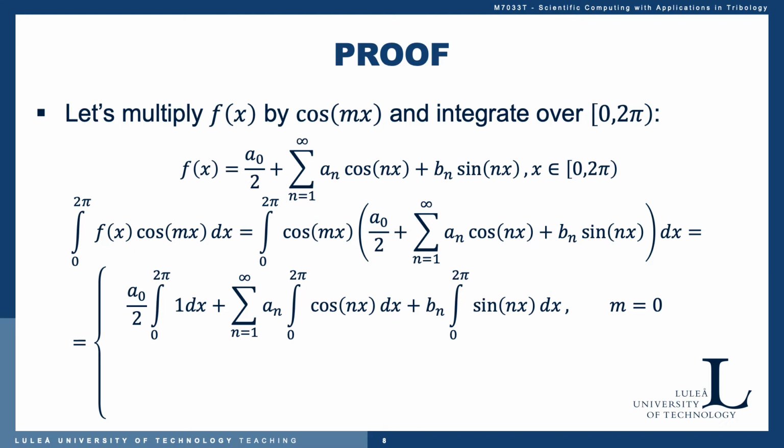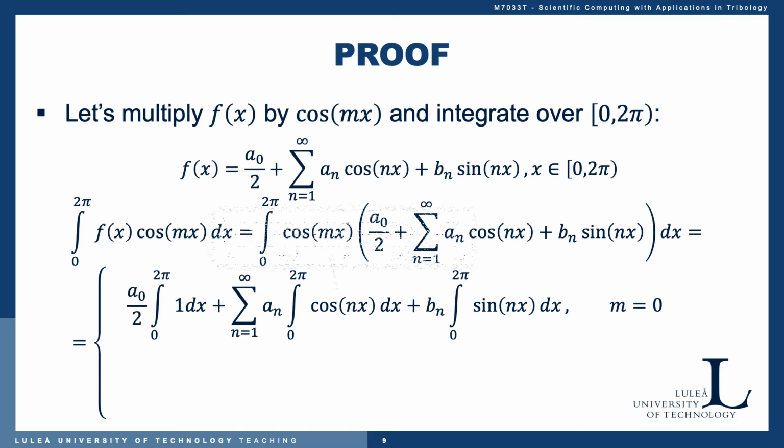It's very, very easy. It's just to integrate 1 from 0 to 2 pi, and for the other terms we can switch the summation and the integration, and therefore we only have to integrate cosine nx or sine nx over the interval 0 to 2 pi, the periodic window.